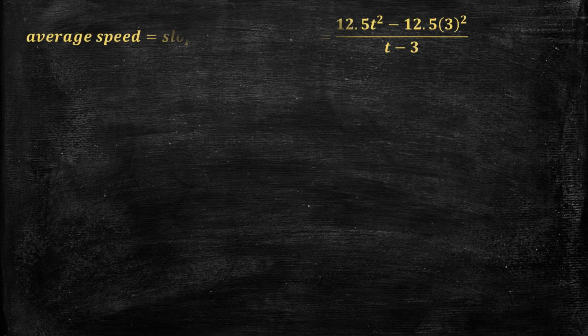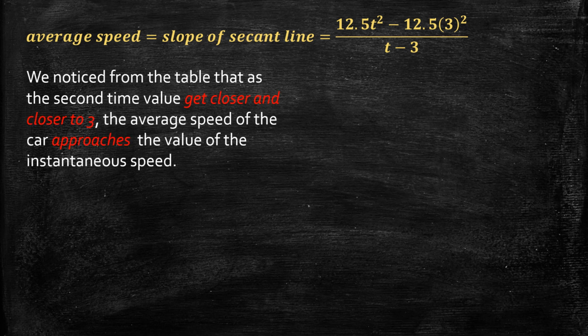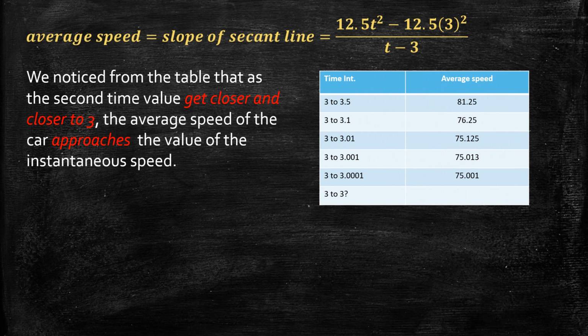So let's introduce a little algebra to help generalize the calculations we were working out in the previous slide. So here's the general formula for the average speed of the car over the time interval 3 to some time t, general time t. And bring that table up, and we noticed from the table that as the second time value got closer and closer to 3, it appeared like the average speed was approaching a fixed value, seems to be 75.